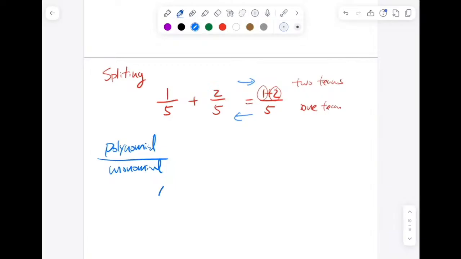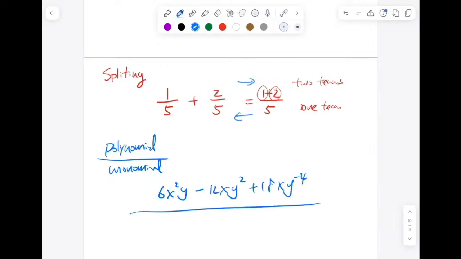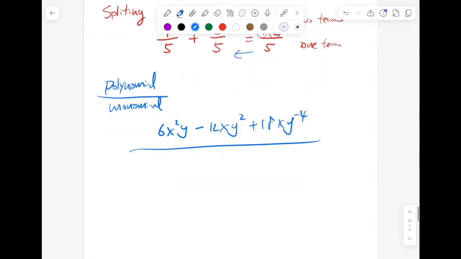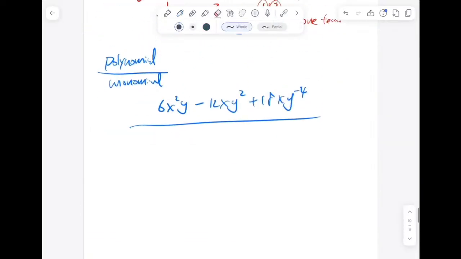What I mean by that is this: 6x squared y minus 12x y squared plus 18x y to the -4, all over 6xy. Something like that. This question is going to say, hey, can you simplify?